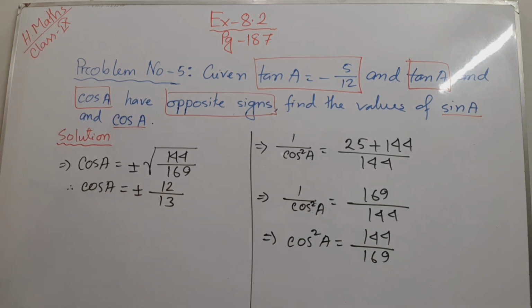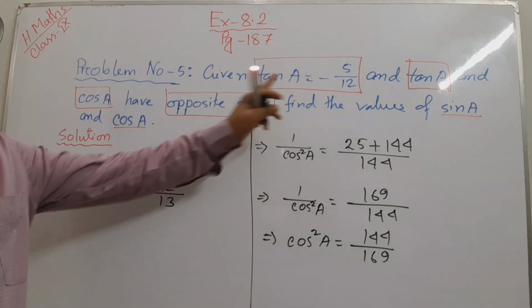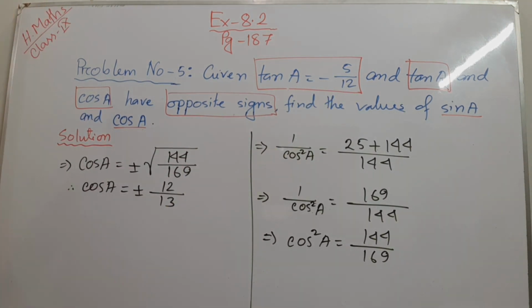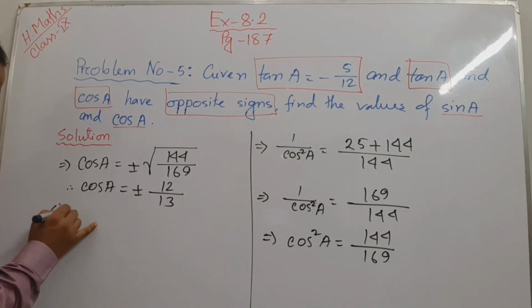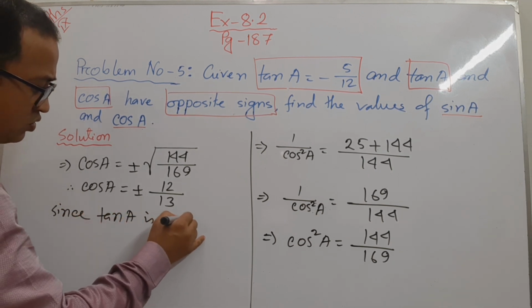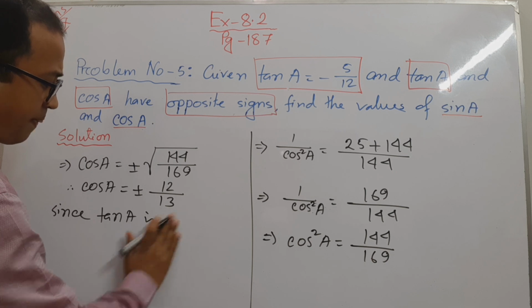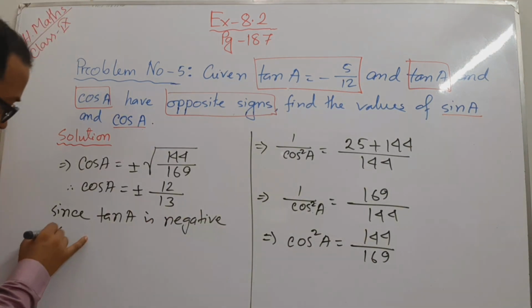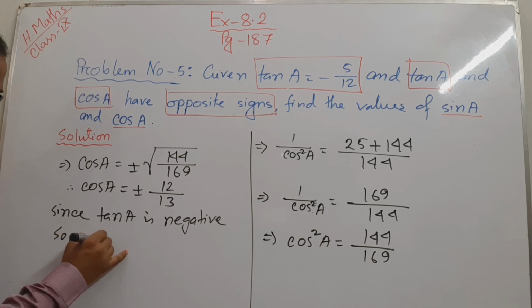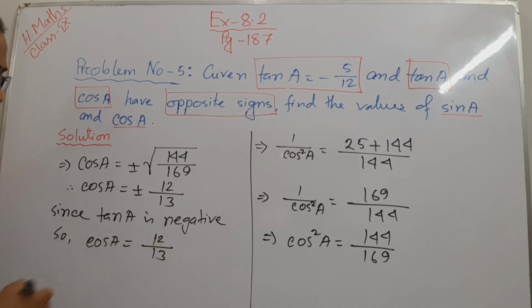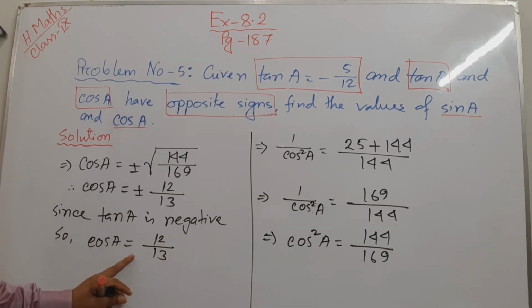But we know cos A has the opposite sign of tan A, and tan A is negative, so cos A should be positive. So cos A equal to 12 by 13, I mean plus 12 by 13. So we got the value of cos A.